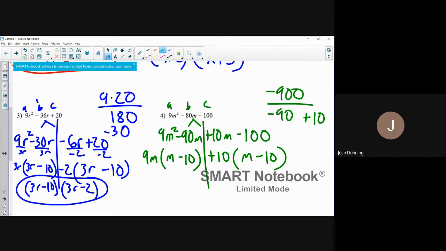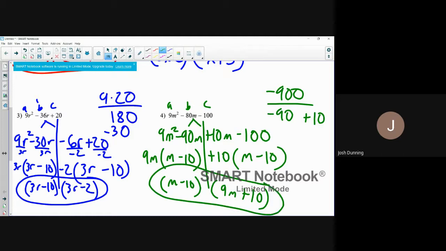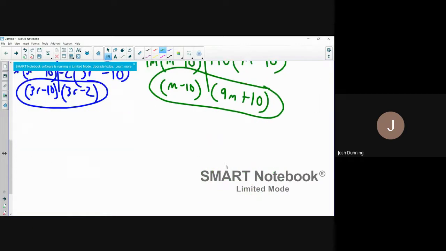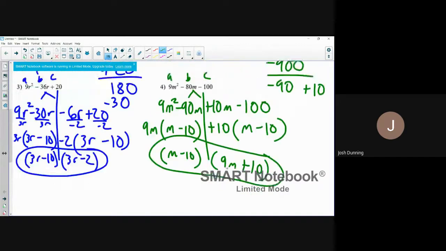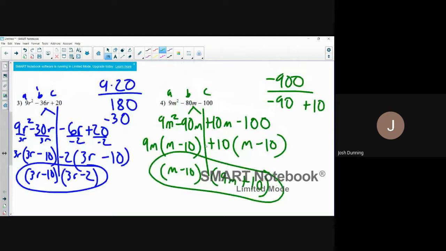So I pull that m minus 10 out, and then I'm left over with 9m plus 10. And that is how you do the AC factor. And yep, that's it.